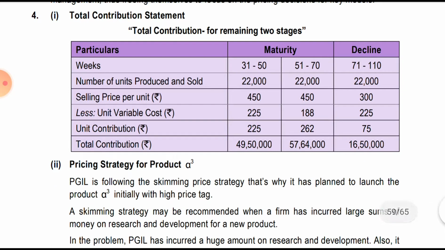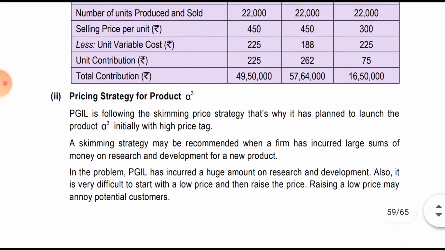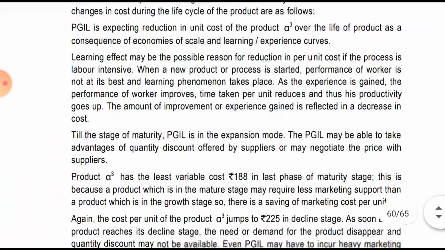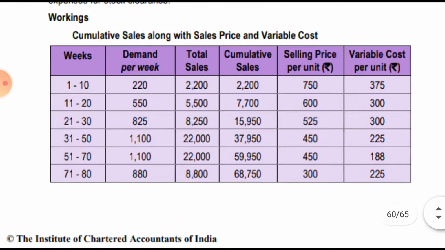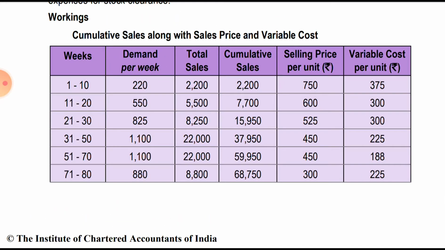See, it has been prepared in the same manner. We have just prepared the maturity stage and the decline stage, but for that we need to have the working note prepared. So this data we had combined from all three tables given above. Weeks, demand per week, so 220, 550, 825.